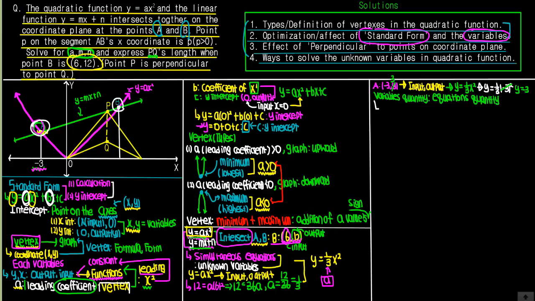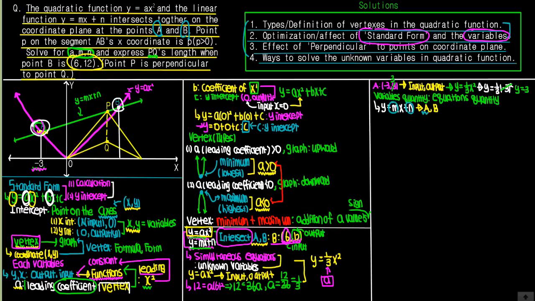So first of all, we're trying to solve for our linear function y is equal to mx plus n. We know that we have our two points A and B. So we need to solve for our two variables, two things, m and n.